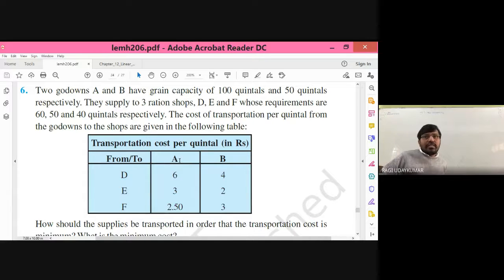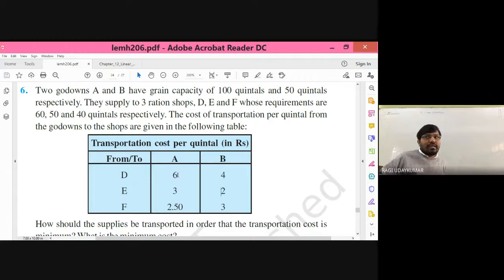Suppose from godown A to D, x quintals are going, so 6x is the cost, and from A to E, y quintals are going. Then how much will go to F? The total capacity is 100. Suppose 10 quintals went here and 20 quintals went there.